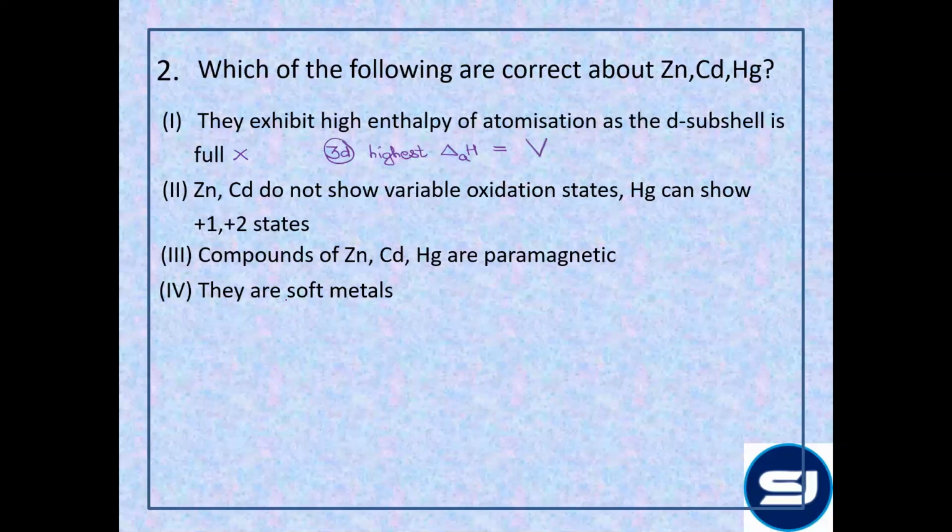Next, zinc and cadmium do not show variable oxidation state, whereas mercury can show +1 and +2. True or false? True.